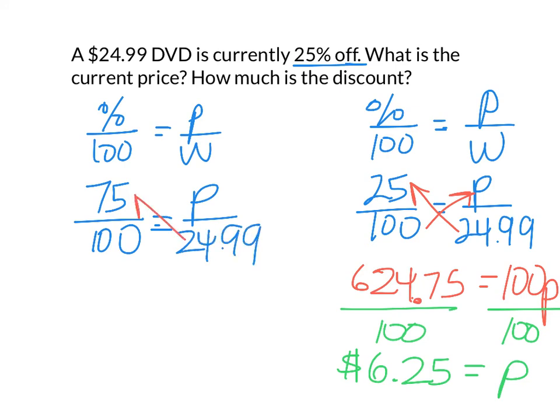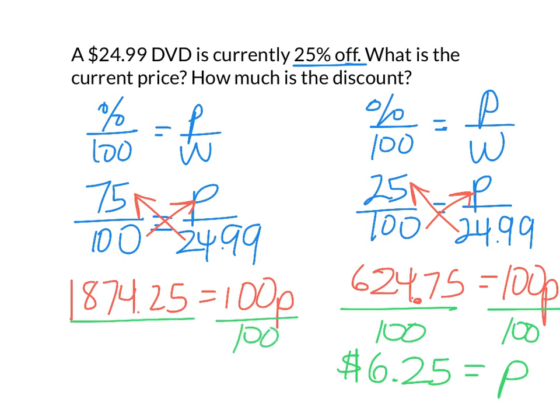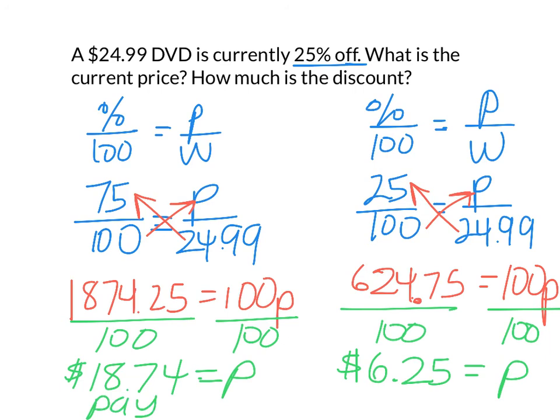Cross multiply, and that is 1874.25 equals 100p, and then divide both sides by 100, and I get $18.74 if I round it, and that's the part that I'm going to pay, and the 6.25 is what I'm going to save.